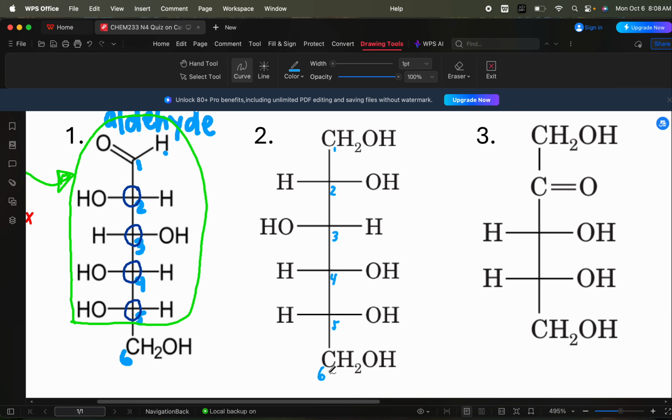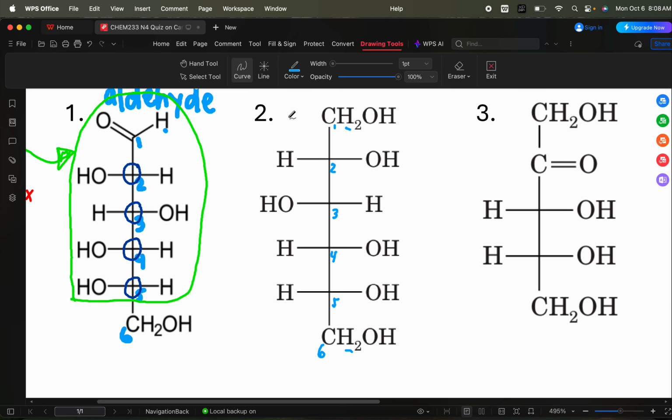So still 6 carbons. So looking at the first and the 6th carbon, there is a repetition. So there are 2 hydrogens bonded. So they are no longer included as a stereocenter.